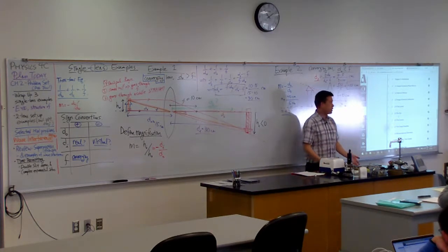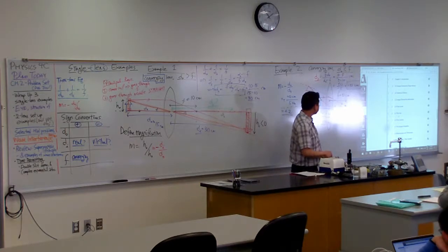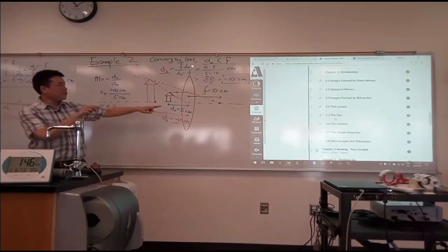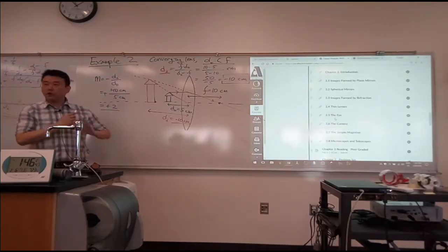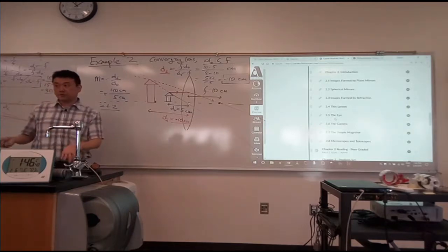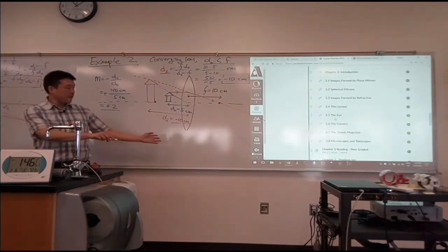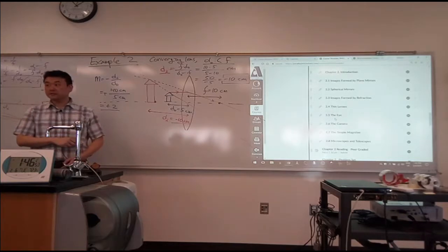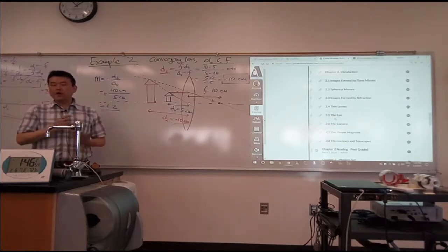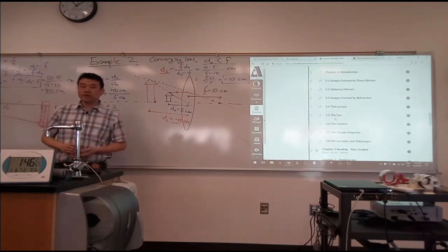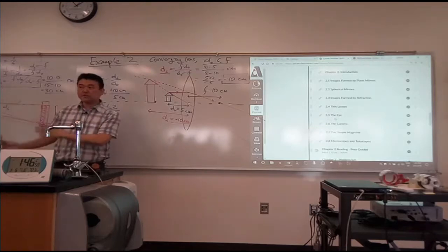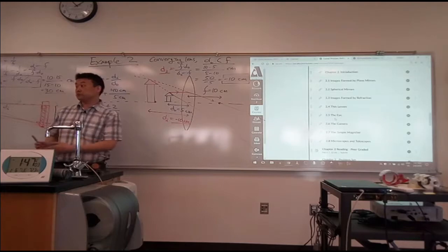All you know is you have an object somewhere, you have a lens somewhere, and all you know is where the image forms. It forms on one side or it forms on the other side. What one criterion would you use to say this image is definitely real or this image is definitely virtual?